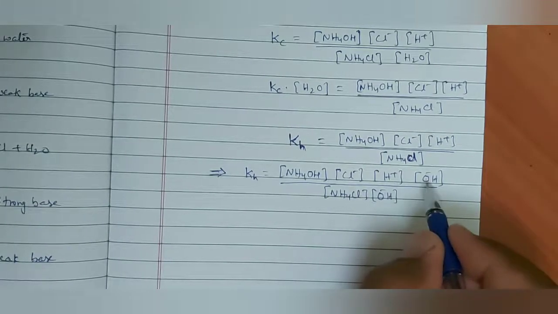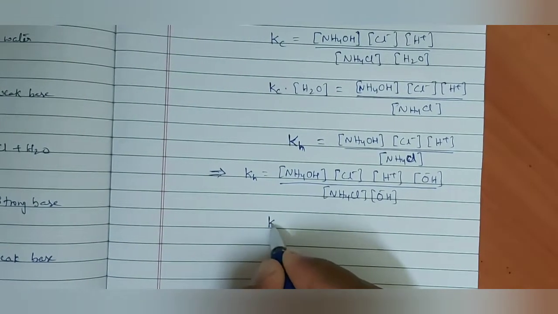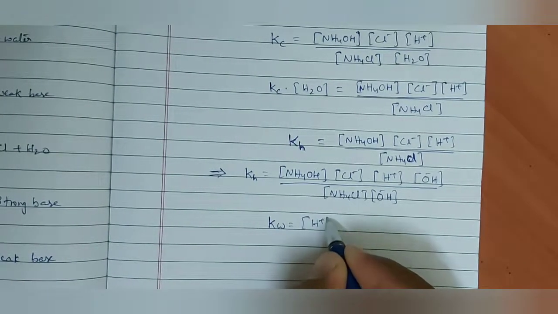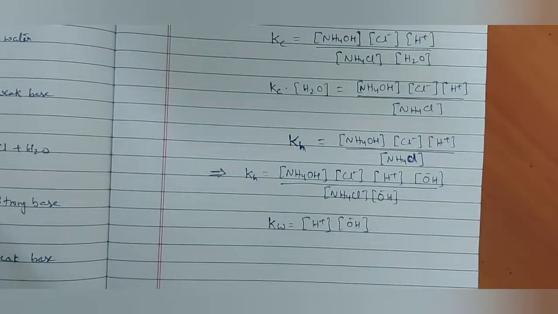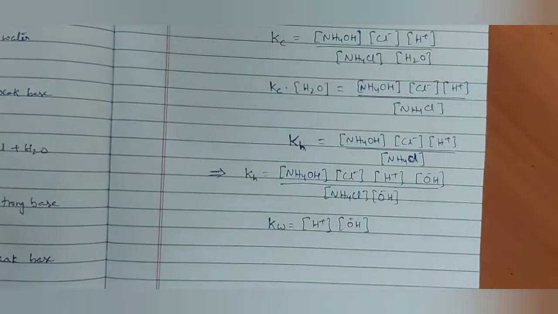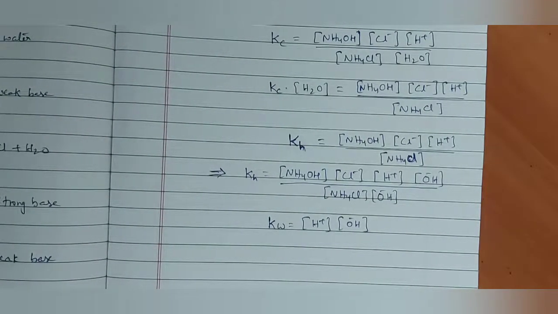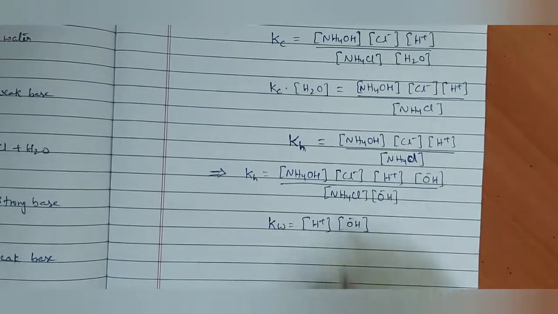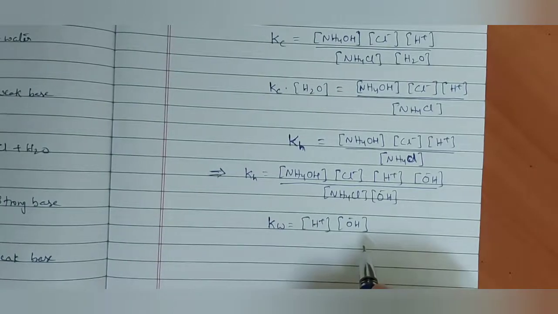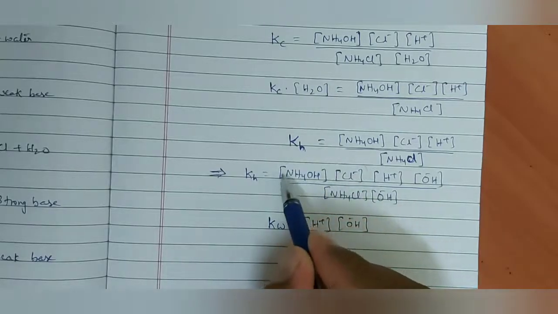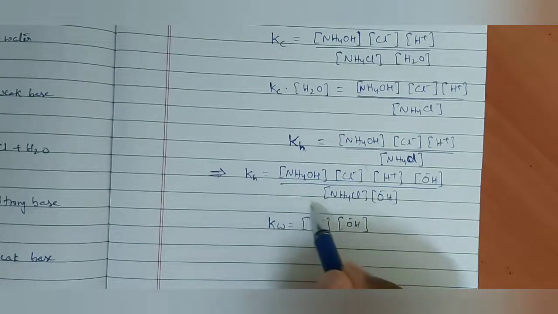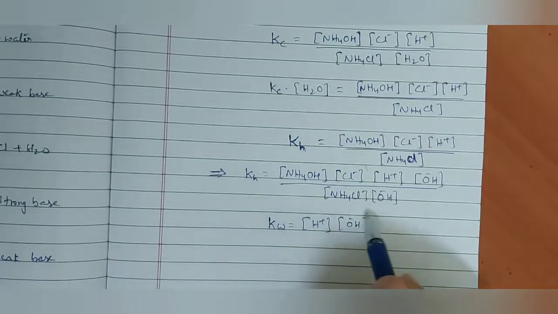We know that concentration of H plus into concentration of OH minus is called Kw. Okay? And next, this value alone we can write as Kb, Kb for NH4OH.